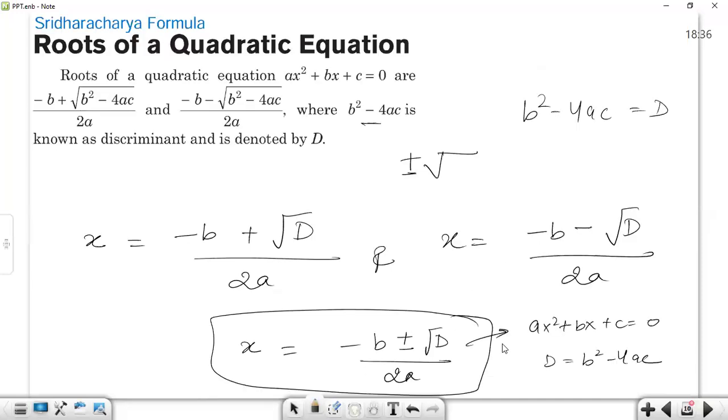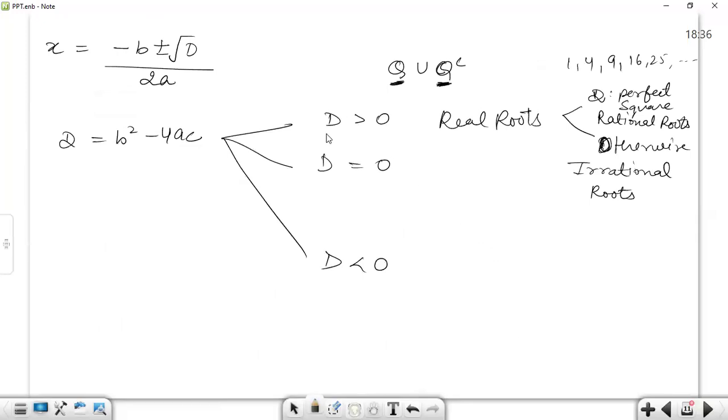This is how important the discriminant is. If it is positive, then the roots will be real. If the discriminant is positive and a perfect square, then the roots will be rational. If the discriminant is not a perfect square, then the roots will be irrational.